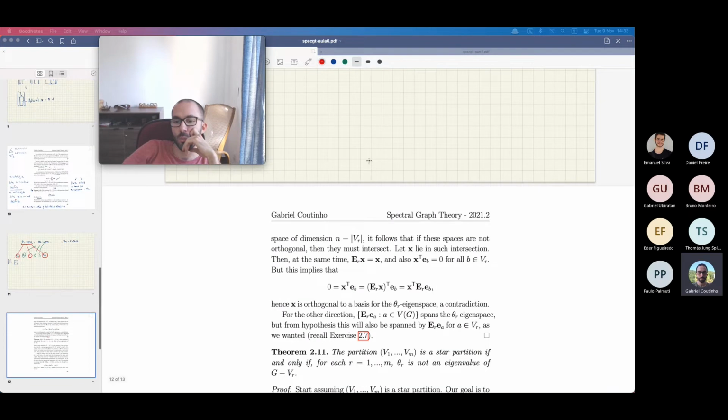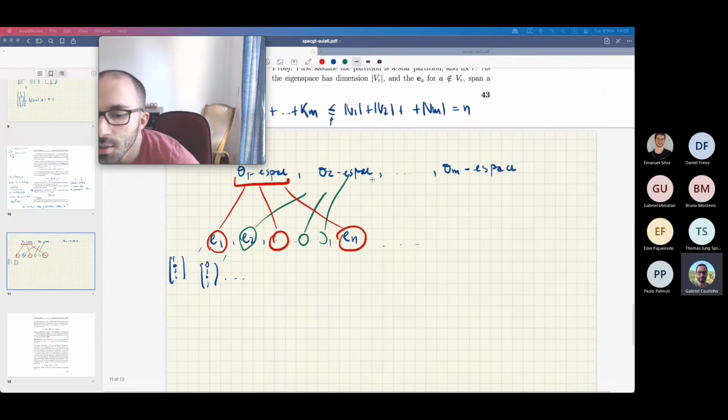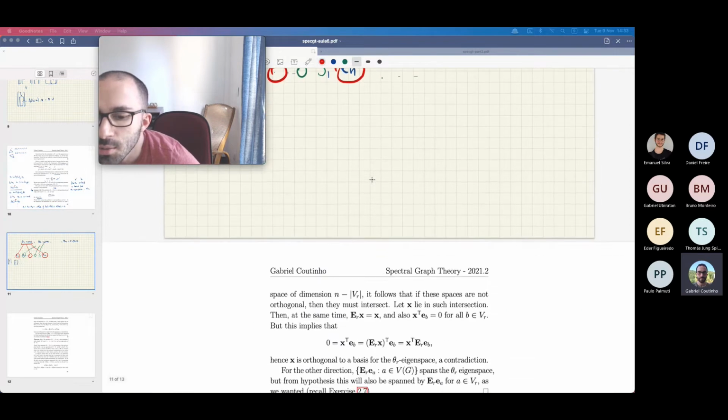What did I write in the proof then? There must be something terribly wrong here. First, assume that this partition is a star partition. Fix r as the eigenspace with dimension of V_r, and these guys are outside. The span of bases of dimension n minus V_r. It follows that if these spaces are not orthogonal, then they must intersect.